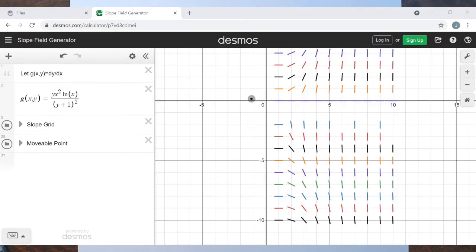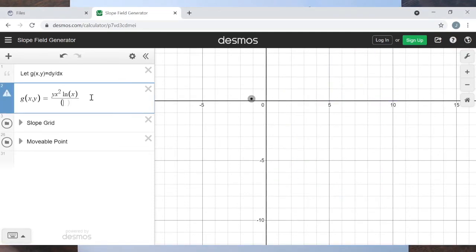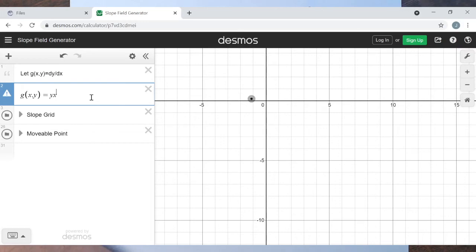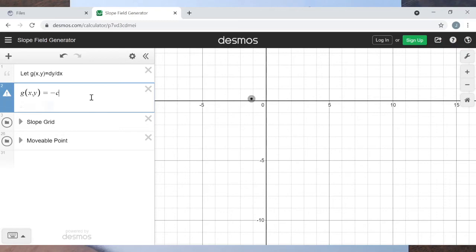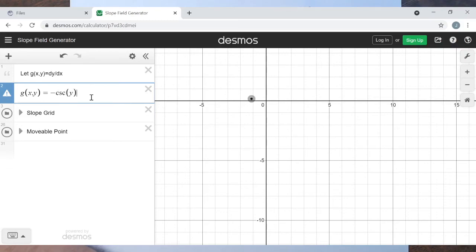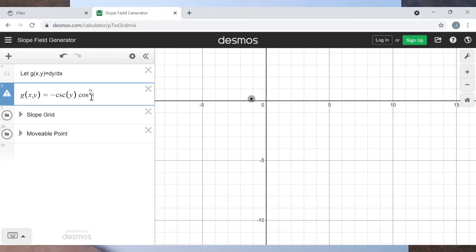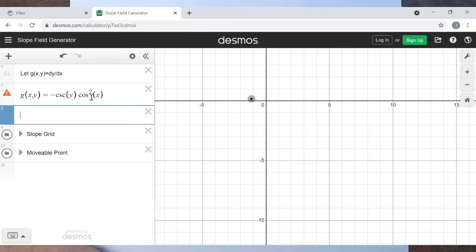So back here for the y prime, for the slopes, I'm going to put in negative cosecant y times cosine squared of x.